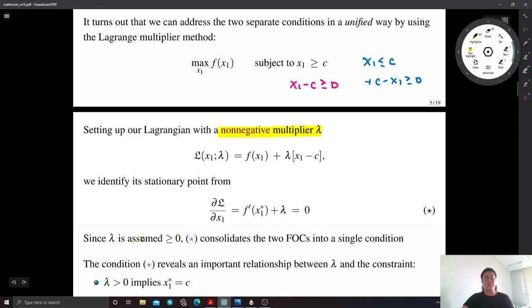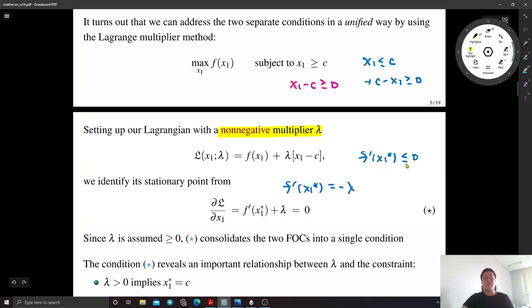Let me rewrite this as f prime is equal to negative lambda, but we assume lambda is non-negative, right? So this condition tells us f prime is going to be non-positive, okay? So if lambda is strictly positive, then the derivative will be strictly negative. And if lambda is equal to 0, the derivative is going to be 0 as well.